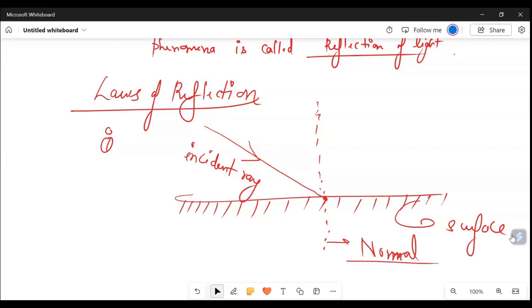Now when the incident light strikes the surface, it makes some angle with the normal, and this angle is known as the angle of incidence.